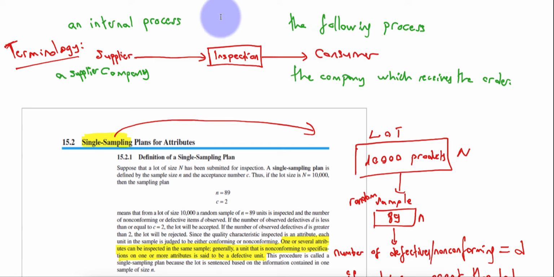If you are taking the lots from the previous processes in your company, the following processes will be the consumer of these lots, all right? And when you consider an external company as a supplier, your company will be the consumer, because you will take these lots and you are going to make the acceptance sampling.